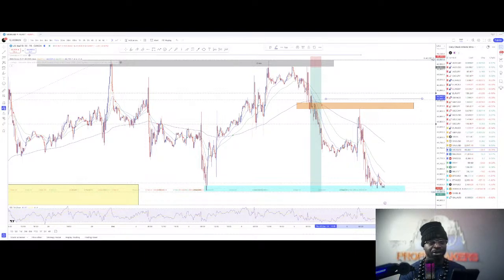Man, this thing could continue moving to the downside. Let me take this last position, and instead of closing it right here, I'll just move my stop loss deeper in profit. Okay.